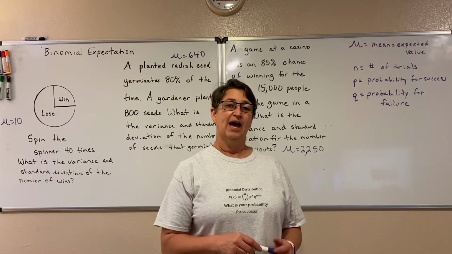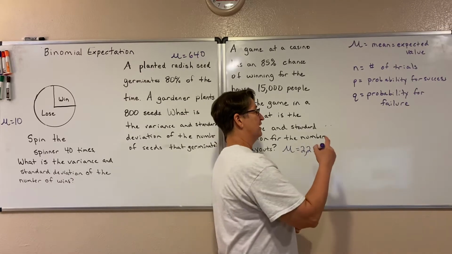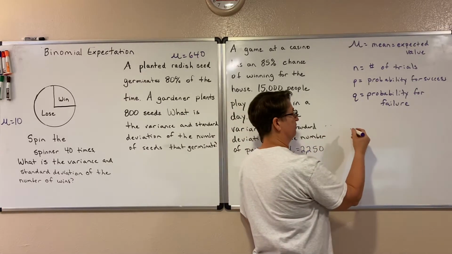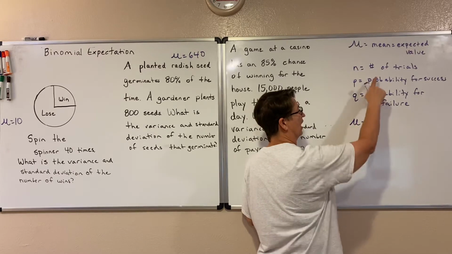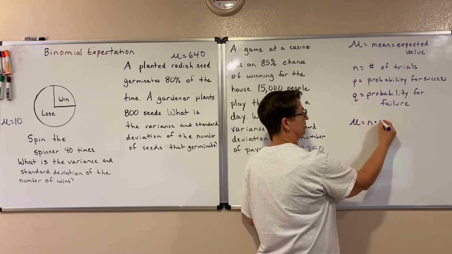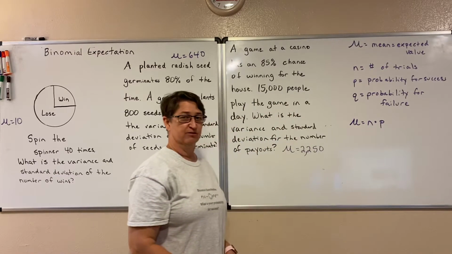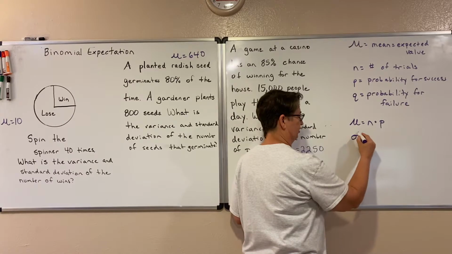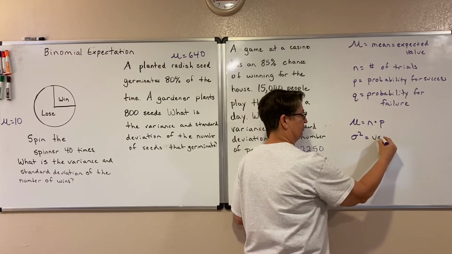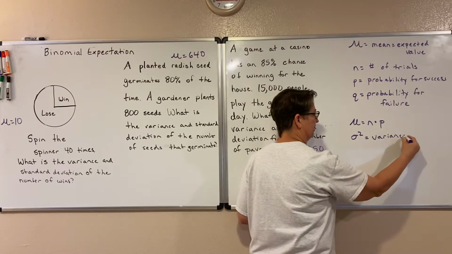So in the last video, we saw that to find the expected value, or the mean, we just took the number of trials and multiplied it times the probability for success. To find the variance of a binomial distribution, remember this symbol is the variance.